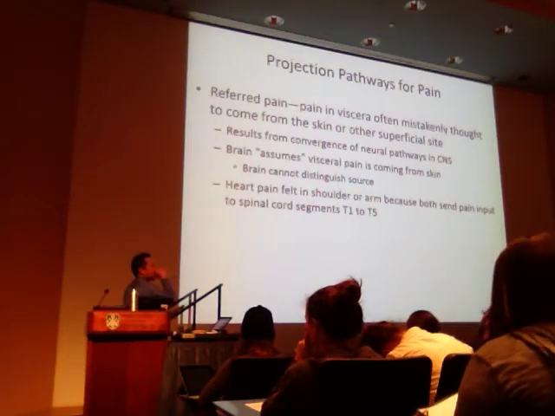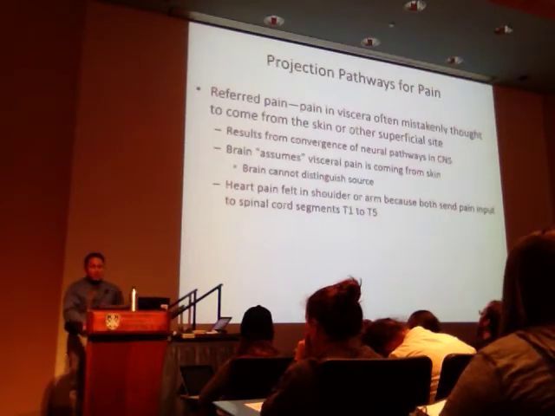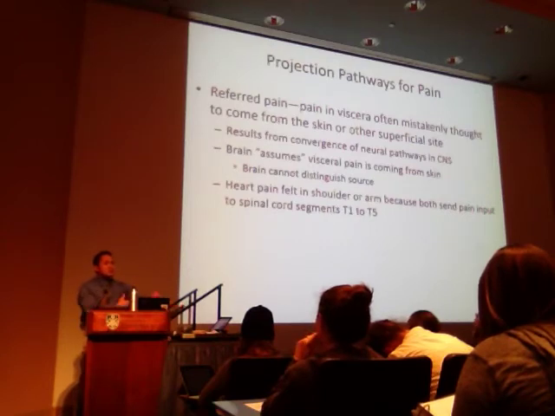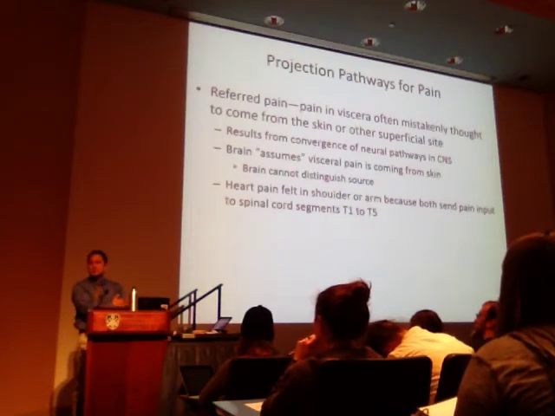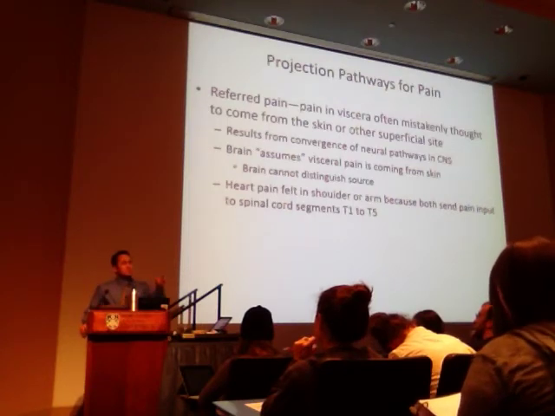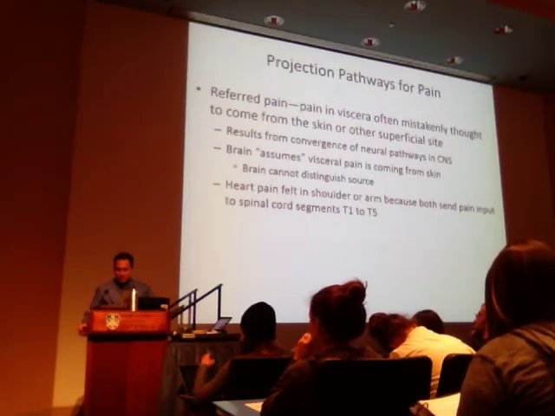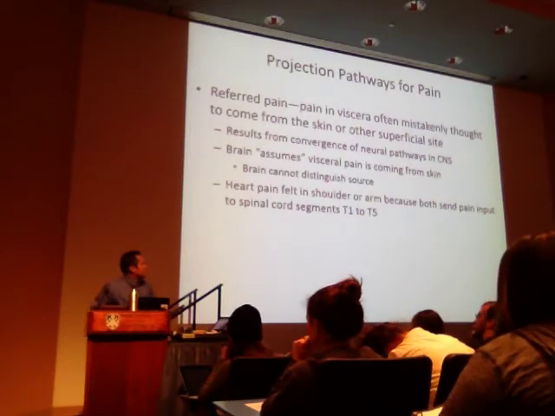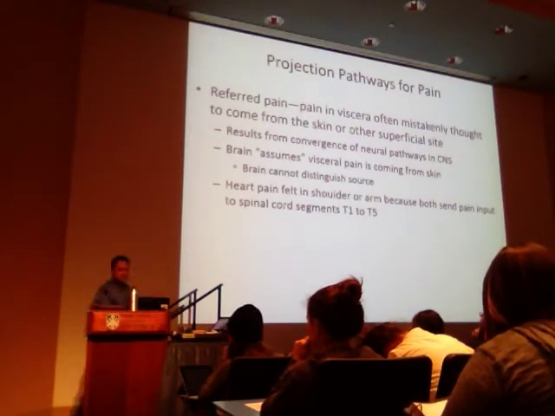So, for example, you see this in heart attack patients. Heart pain. You ever wondered why it shoots down the left arm and that's usually a warning sign that someone's having a heart attack? Because the nociceptors that serve the heart itself are sent via segments T1 through T5.